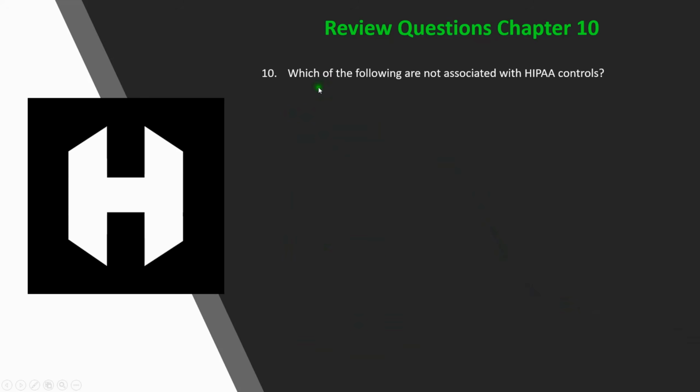And finally, question 10. Which of the following are not associated with HIPAA controls? A. Administrative controls. B. Technical controls. C. Physical controls. Or D. Financial controls? If you said D, financial controls, you would be correct.